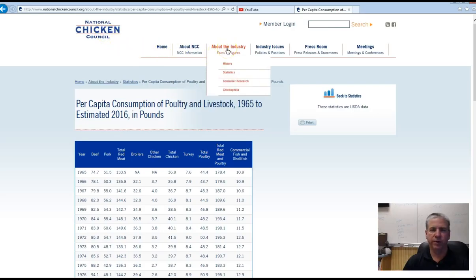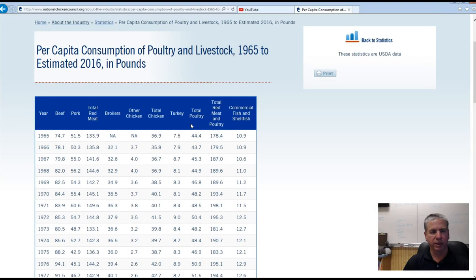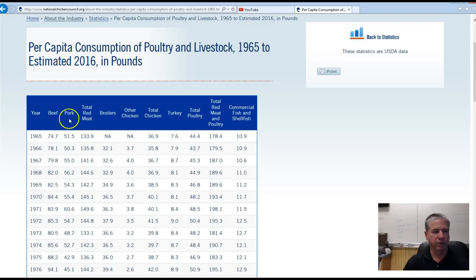There were some facts and figures about the industry, and I looked up some statistics and found per capita consumption of poultry and livestock, 1965 to estimated 2016, in pounds. This particular table has a lot of different information: beef, pork, total red meat, chickens, turkey, fish.